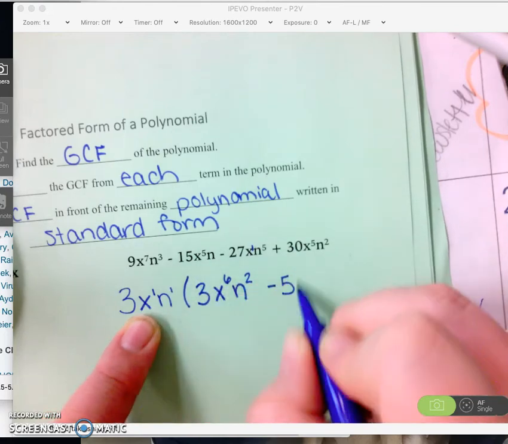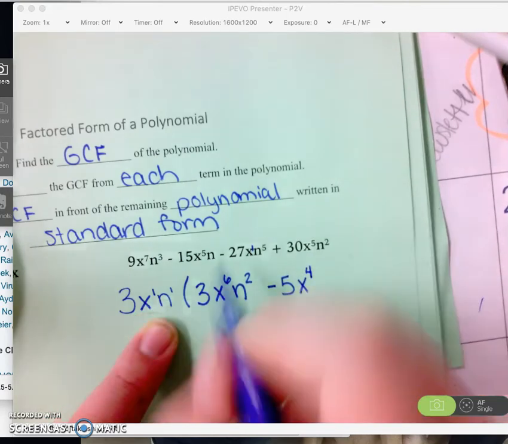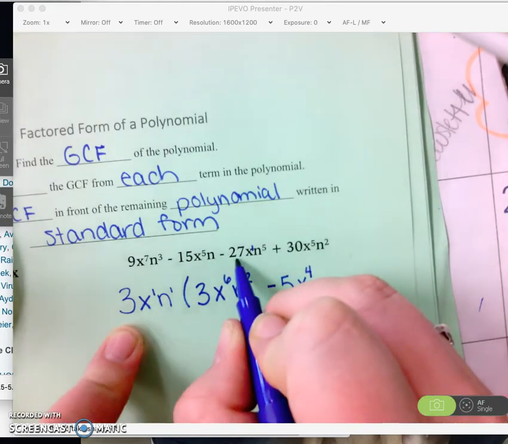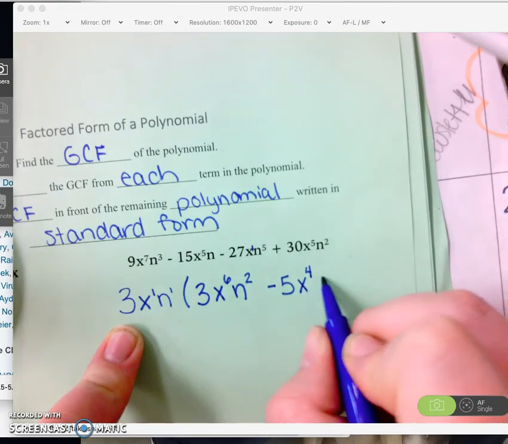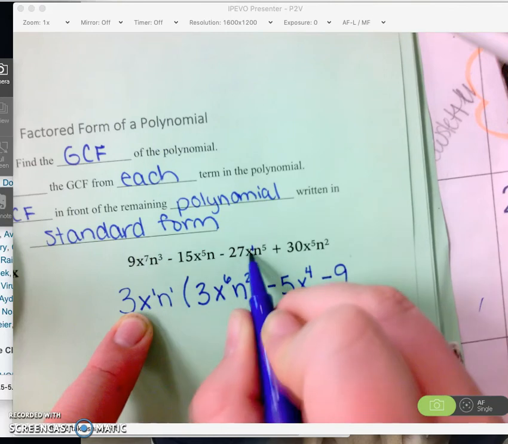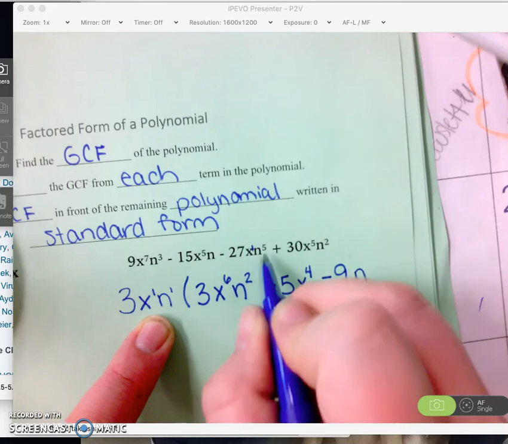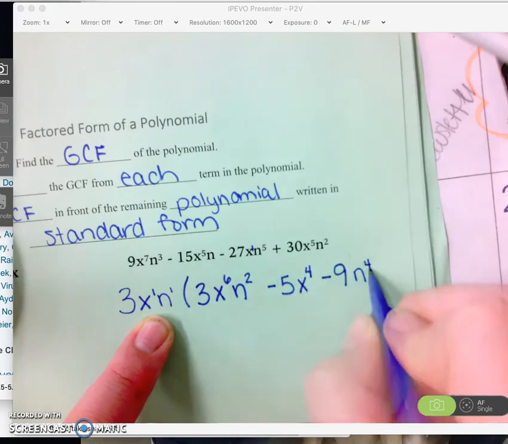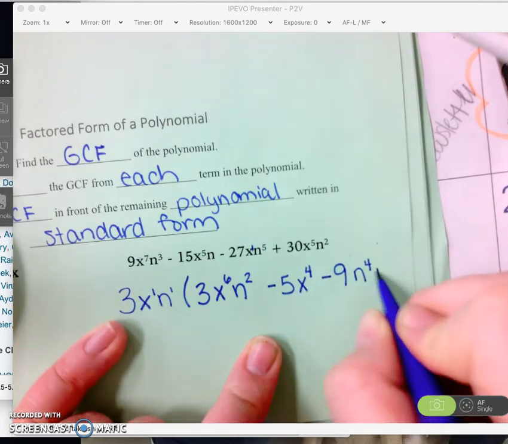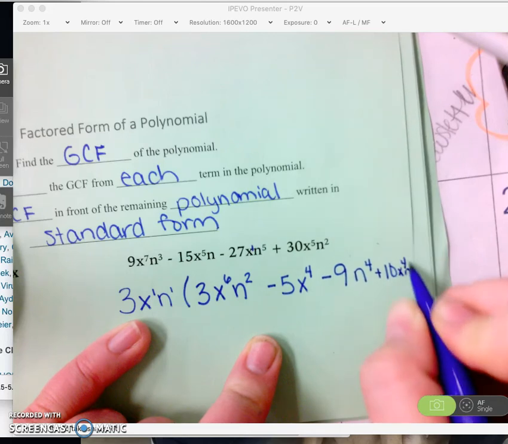X to the 5th, subtract the 1, so x to the 4th, n divided by n goes away. Negative 27 divided by a positive 3 is a negative 9. X to the 1st divided by x to the 1st goes away. N to the 5th, n to the 1st becomes n to the 4th. And I'm running out of room. 30 divided by 3 is a positive 10. X to the 4th, n to the 1st.